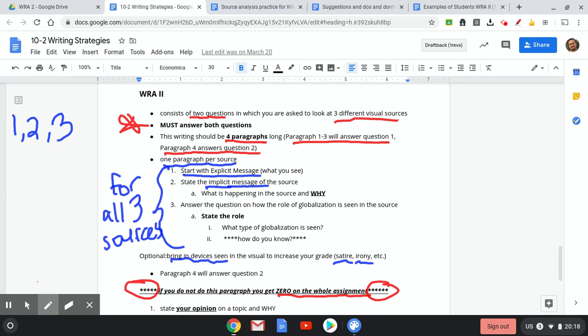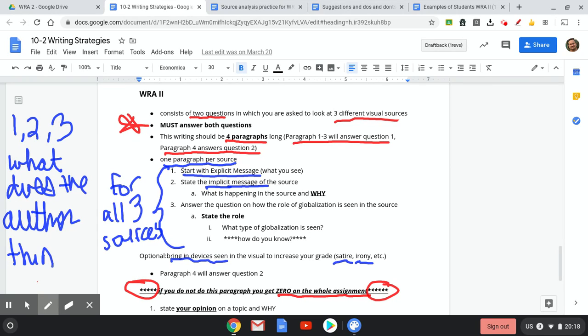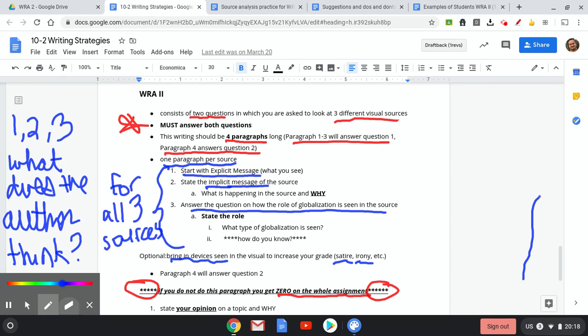What does the author of the source think? This is the question I want you answering, because this shows that you are analyzing correctly. So you do this for paragraphs 1, 2, and 3. And again, it's key that you answer the question on how the role of globalization is seen in the source.